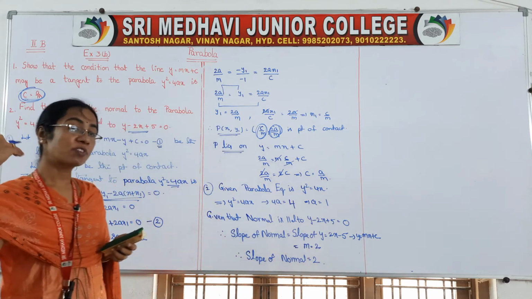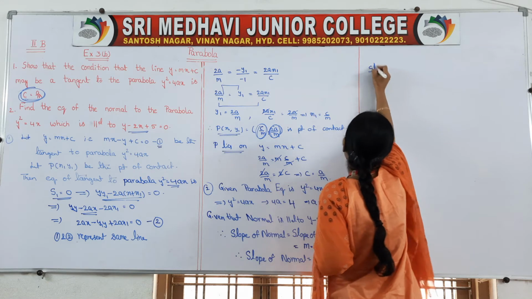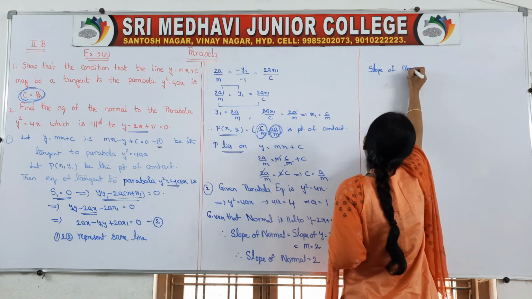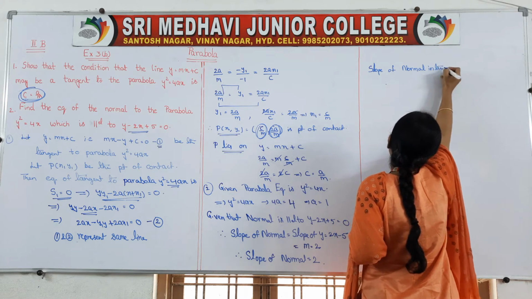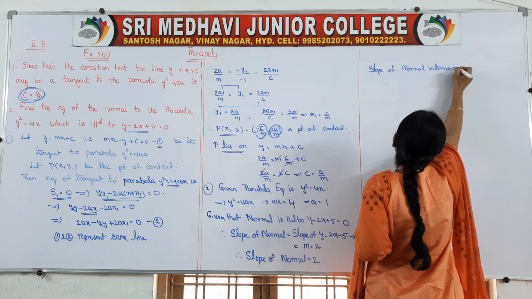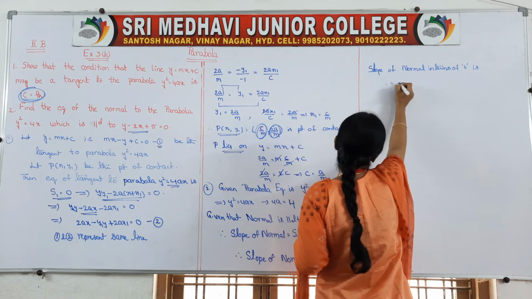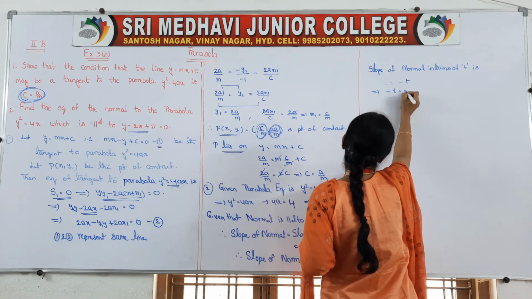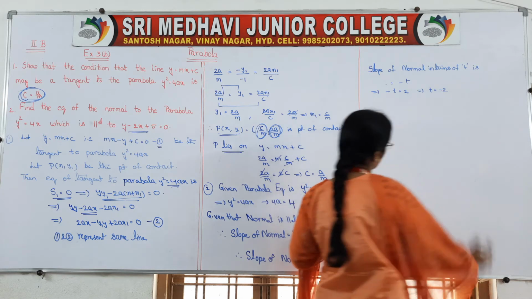But the slope of the normal in terms of t is minus t. So minus t is equal to 2, which implies t is equal to minus 2.